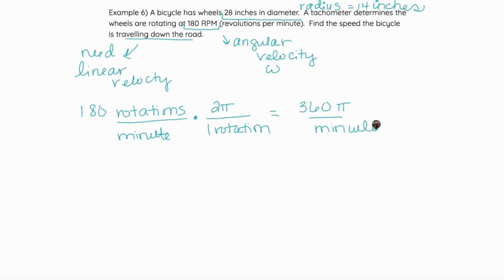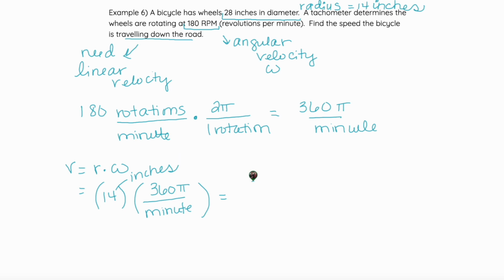Taking what we learned up above, I can find the linear velocity by taking the radius times our angular velocity. This gives me 14, our radius, times our angular velocity of 360 pi per minute. Keep in mind that 14 is in inches. So when we simplify this, we have 5,040 pi inches per minute.